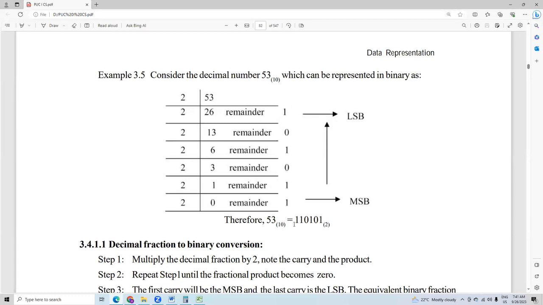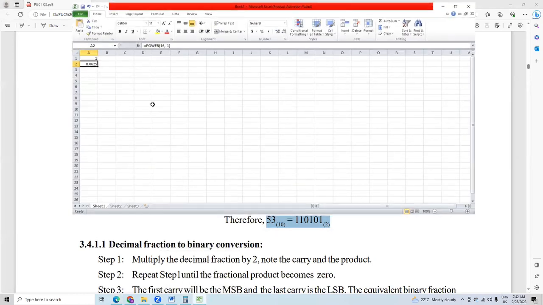That is why 1 1 0 1 0 1. In the base you see they have written 2, and finally you write your answer like this: 53 base 10 equal to 110101 base 2.